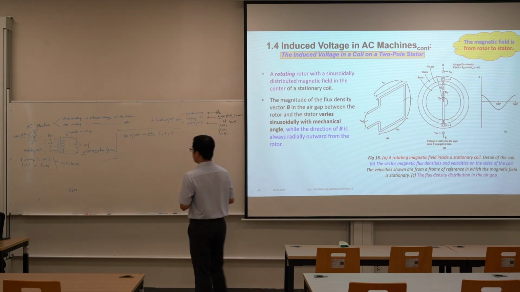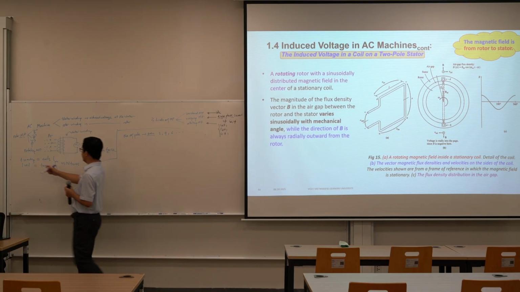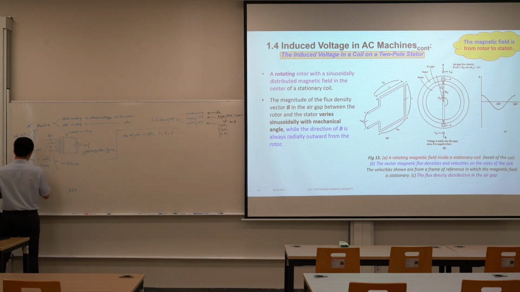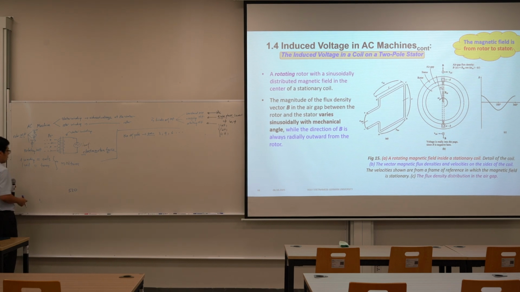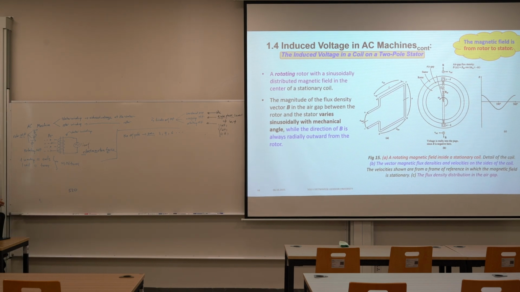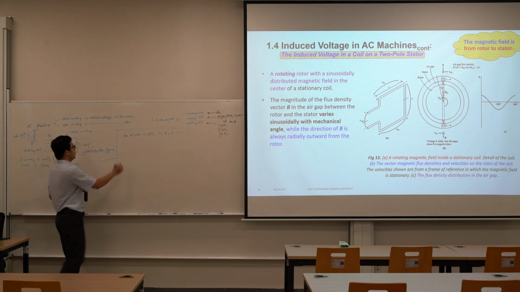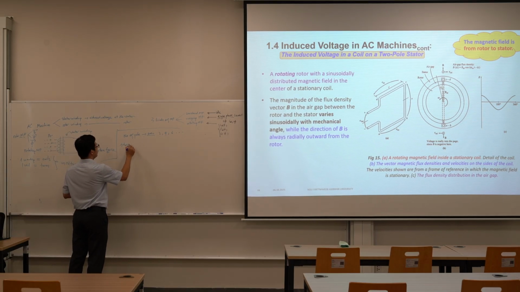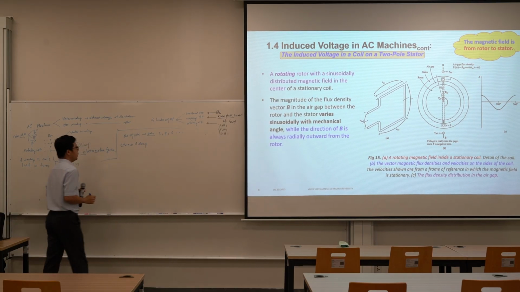Of course, for one winding we have many coils, and one coil has many turns. For simplicity, we only pick one turn, which we call one loop.